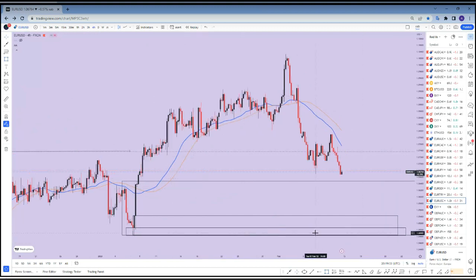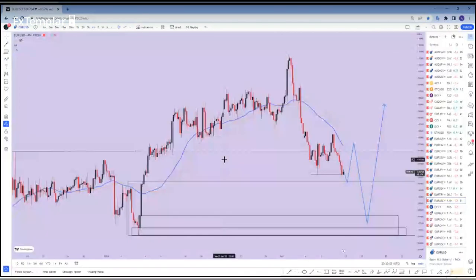So what I would be expecting is that, based on the fact that we seem to be going below that low already, this could become a liquidity grab, and then, okay, yeah, let's work with this.